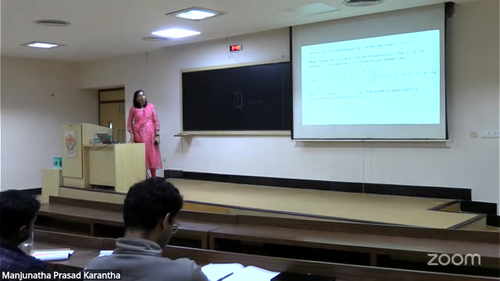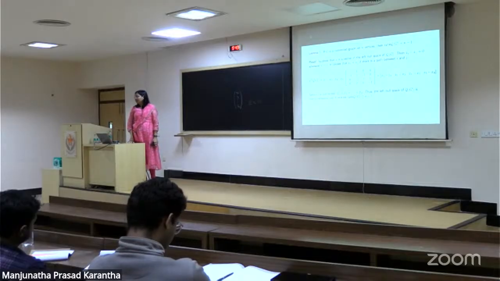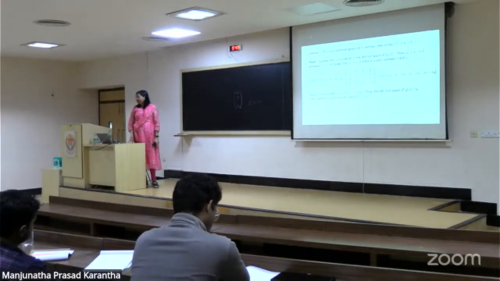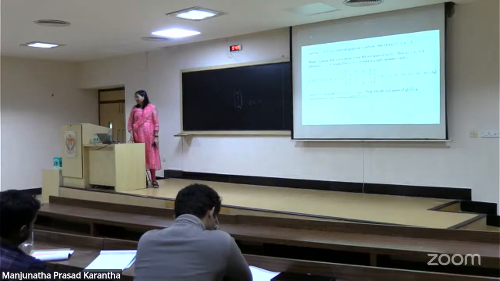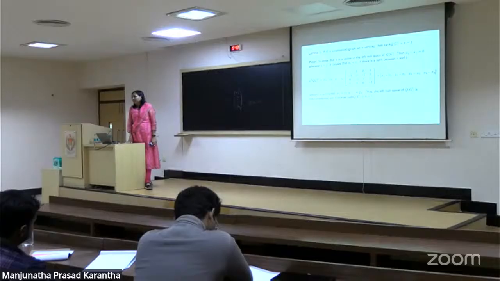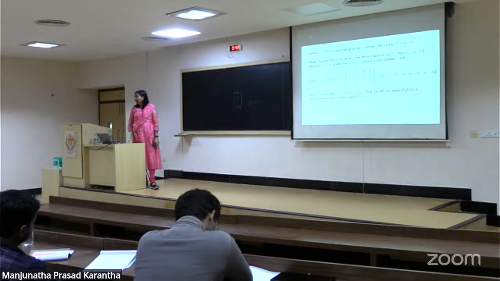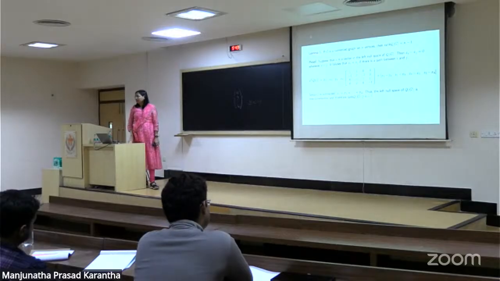So when I took one vector in the left null space, I observed that it's nothing but the all-ones vector. All the entries are the same, so that is the only vector lying in the left null space. Okay. So what will happen for the rank? The matrix is of size n cross m.